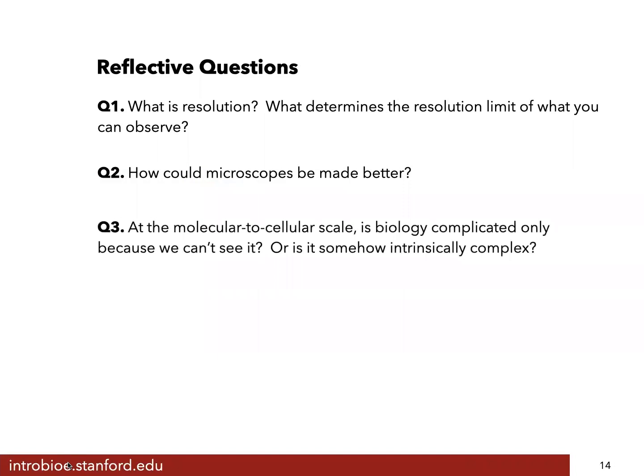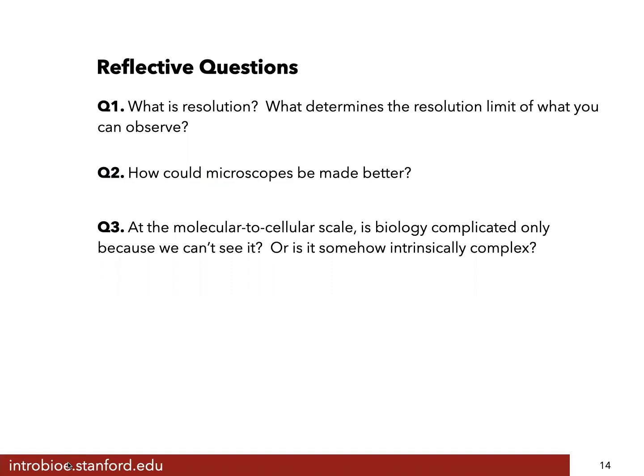I love this question. I still wrestle with this question all the time. At the molecular to cellular scale, is biology complicated only because we can't see it easily? Remember that idea of a cell made as big as a building? Like if we could just see what's going on and observe everything, suddenly it would just make sense. And we'd be bioengineering, like, ta-da, it's all working really well.